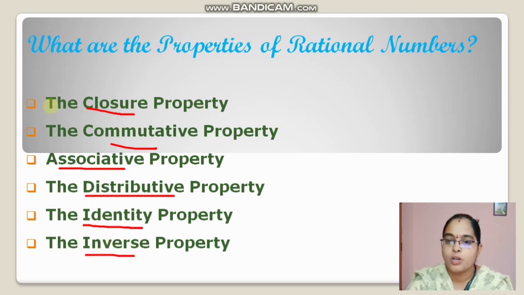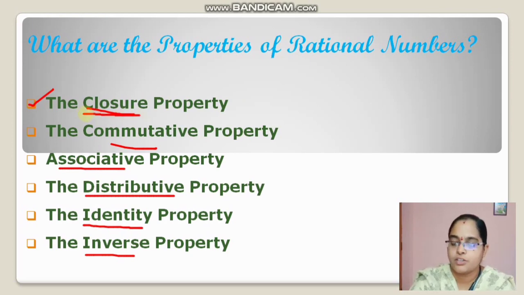The closure property is nothing but if we add, subtract, divide or multiply any two rational numbers, and we get a rational number as the answer, then we can conclude that rational numbers are closed under addition, subtraction, multiplication or division, whichever operation we did there.